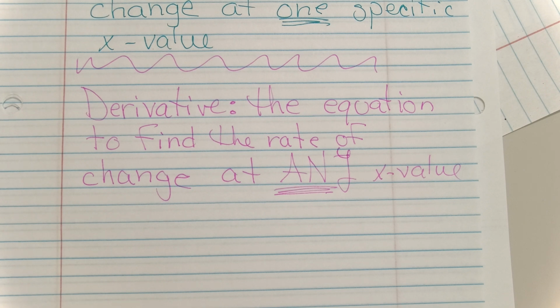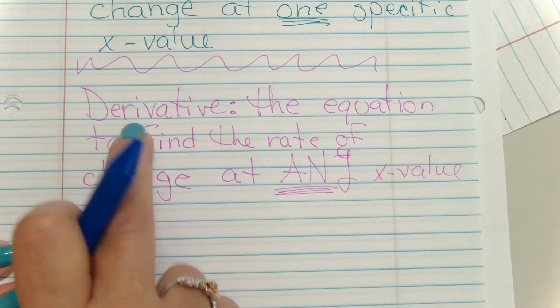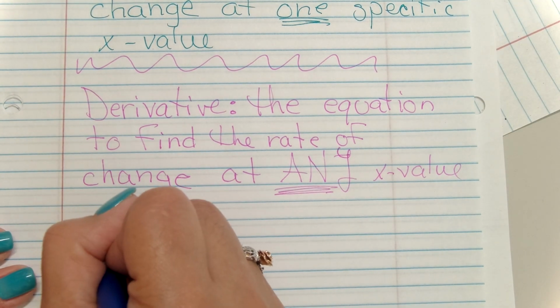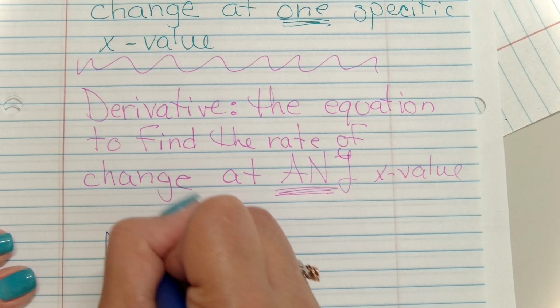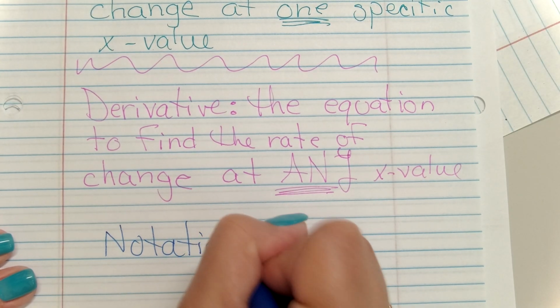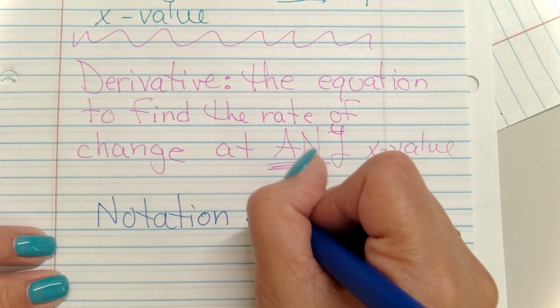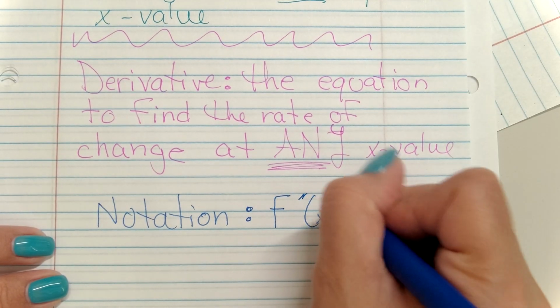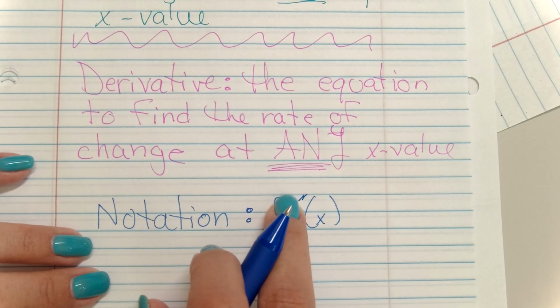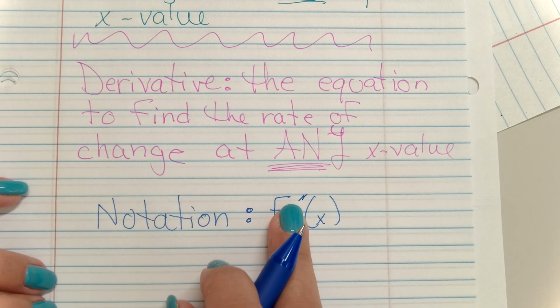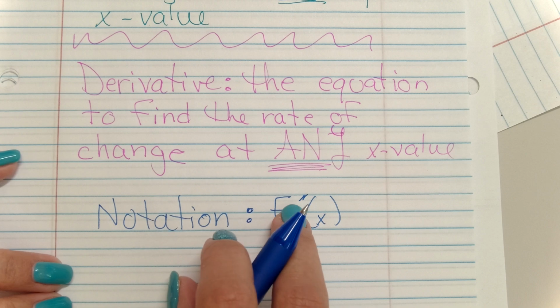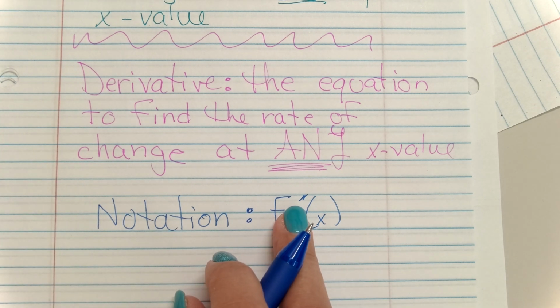So as always, we have to denote the derivative, or most things in calculus, with a notation. So to denote the derivative, the notation is as follows. F prime of x. This is not a 1. It's not a dash. It is what we call a prime.